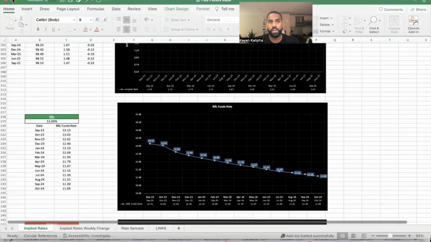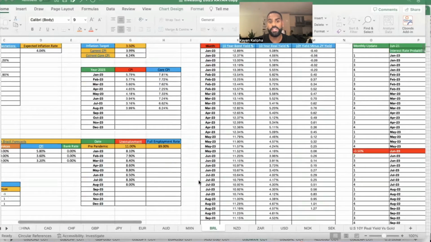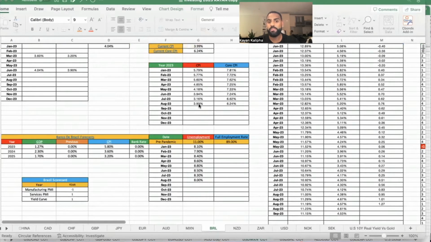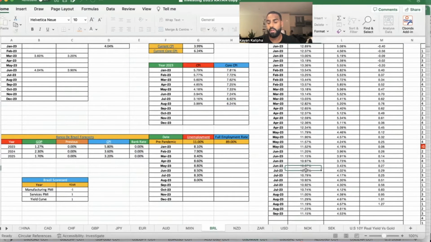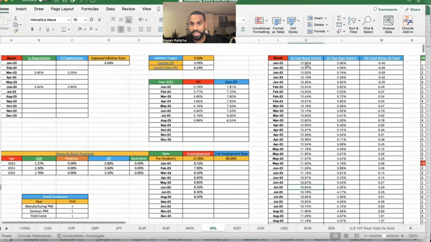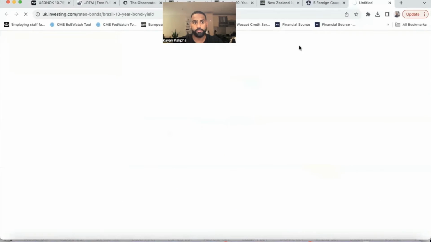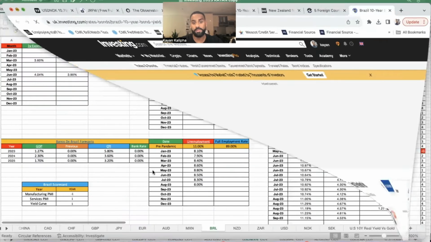Look at Brazil's current rate of inflation. This is really good for your education, guys. Look, inflation in Brazil is 6%. The interest rate on a 10-year government bond, as a prime example, is 11.95%.